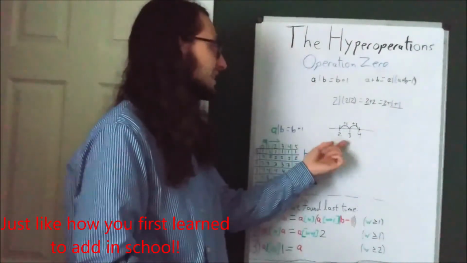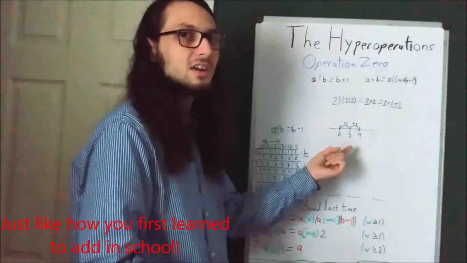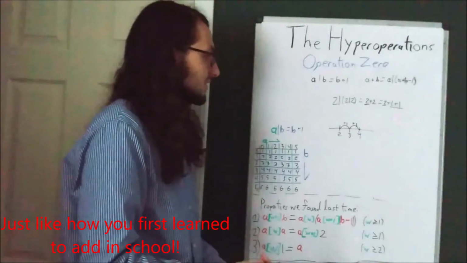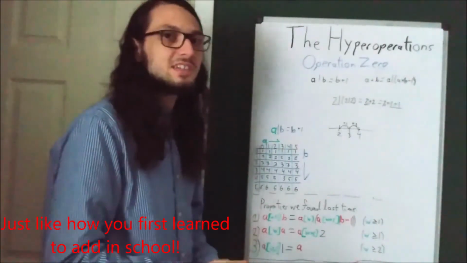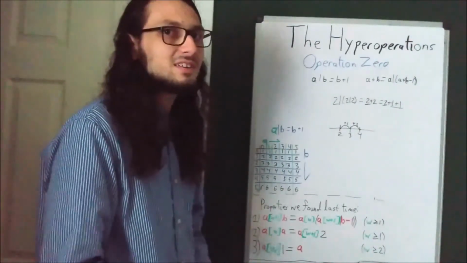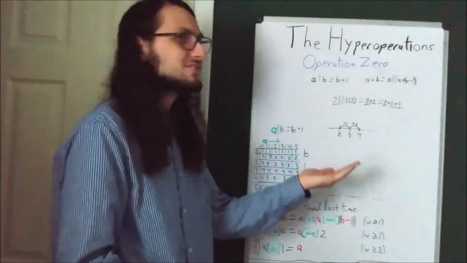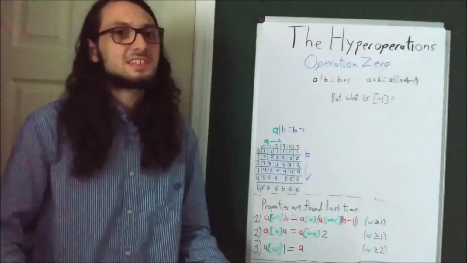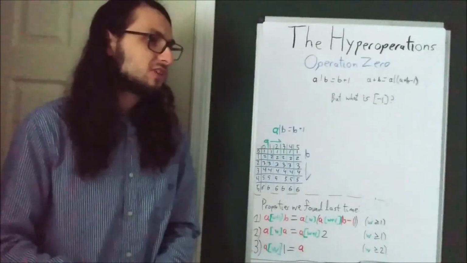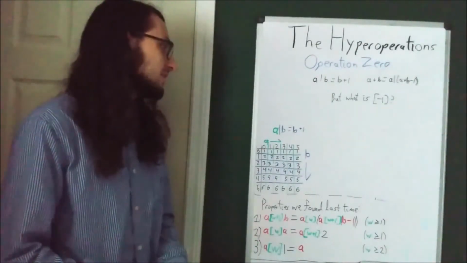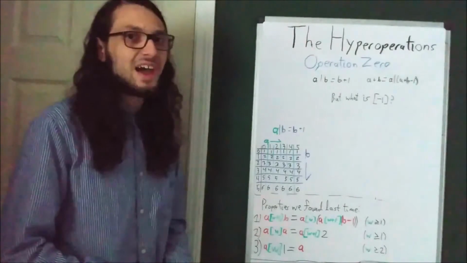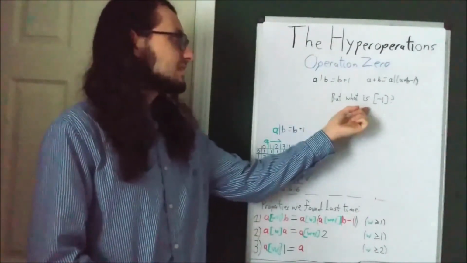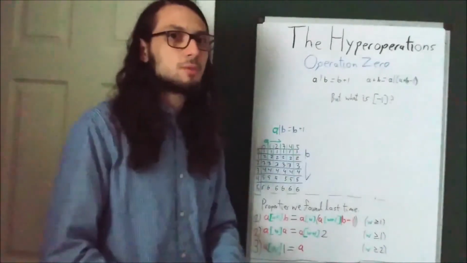This is just counting up by 1 a certain number of times to find the sum. So it makes sense that before addition would be counting, because addition is simply fast counting, as you've known since you were a kindergartner. But if below addition is counting, which feels right, it's very much the bedrock of math, then what's below counting? What is the negative first hyperoperation?